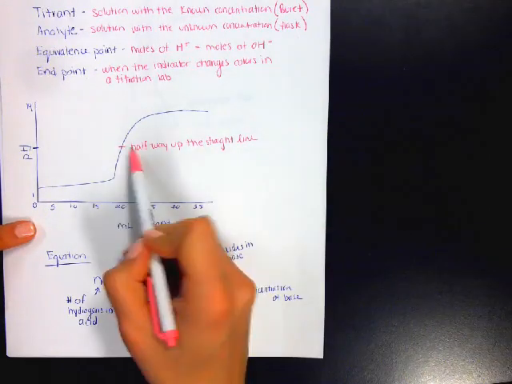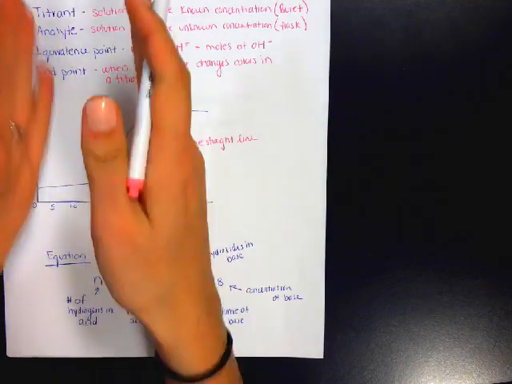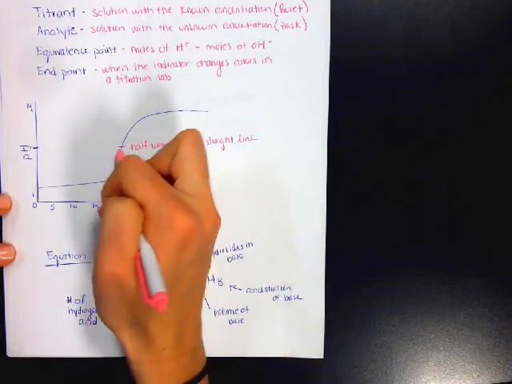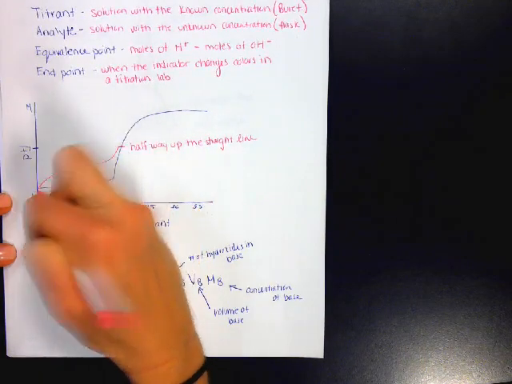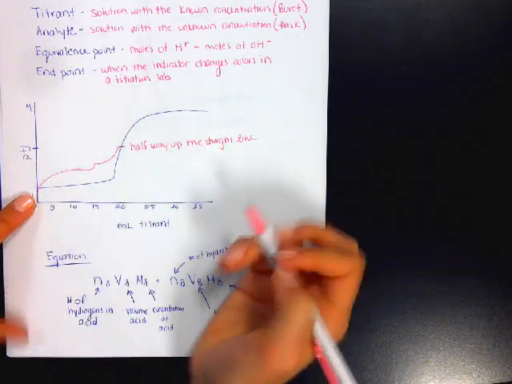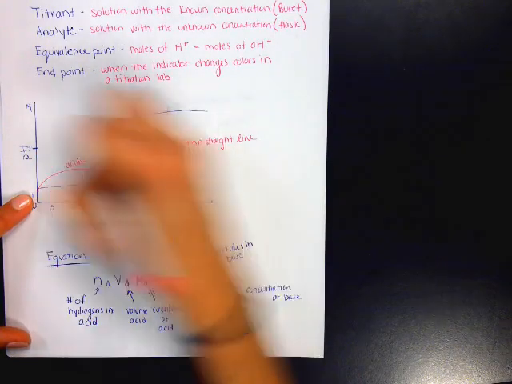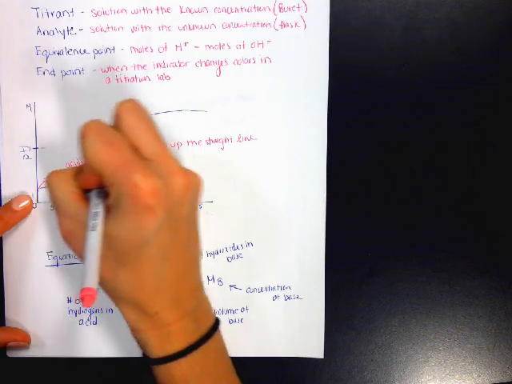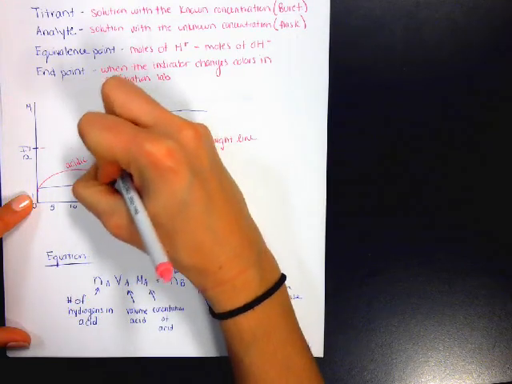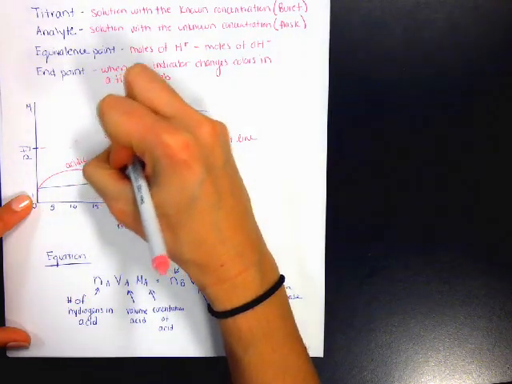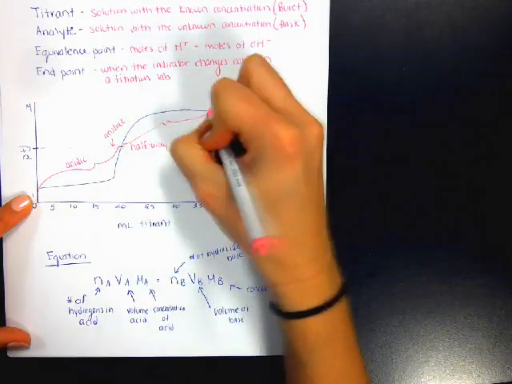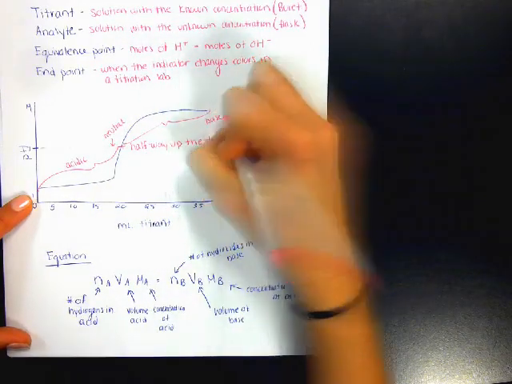So it's just halfway up our straightaway. Everything that is below a pH of 7, we consider acidic. Right at 7, that is neutral. And everything above 7 is a base.